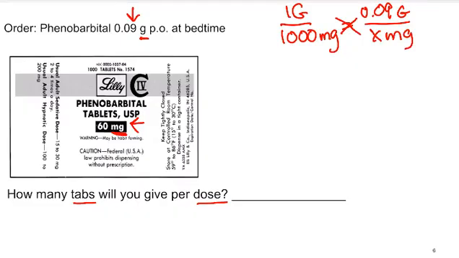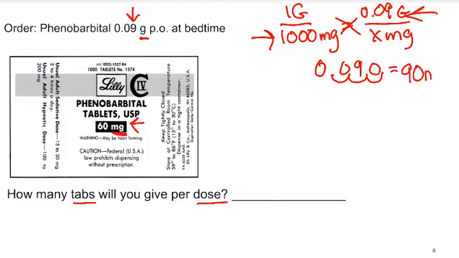I can also write down 0.09 and multiply it by 1,000, because that's the math in the ratio proportion, and it's a little bit faster, but you can choose which method works for you. I go 1, 2, 3 decimal places, so I know that this is 90 milligrams. That is my doctor's order, 90 milligrams.